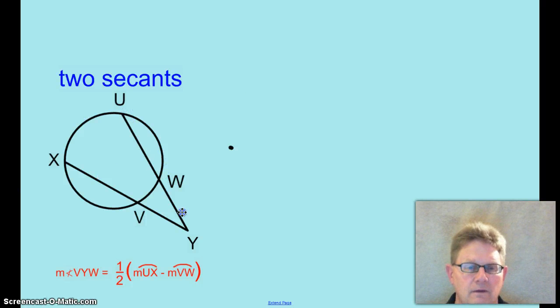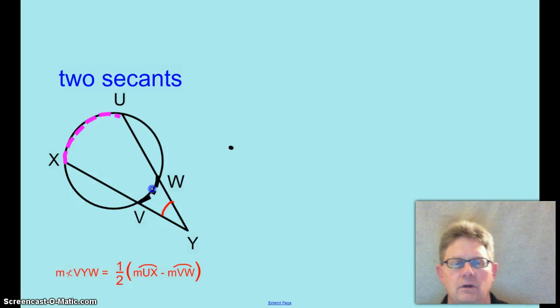This time you have two secant segments, and the measure of this angle right here, you're going to take the larger arc UX, subtract the smaller arc VW, subtract those two, and then multiply by 1/2.